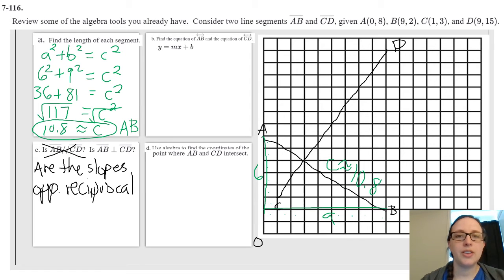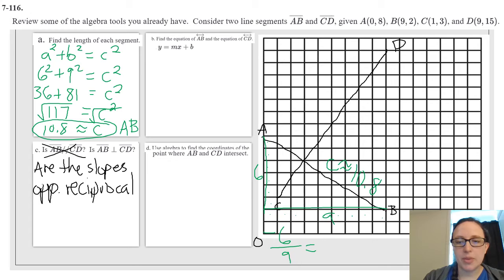All right, so we'll go ahead and find AB since we kind of already have its slope. So AB's slope is negative 6 over 9. Down 6 over 9. We can reduce that. 3 goes into both those numbers, so we can divide the top and the bottom by 3.